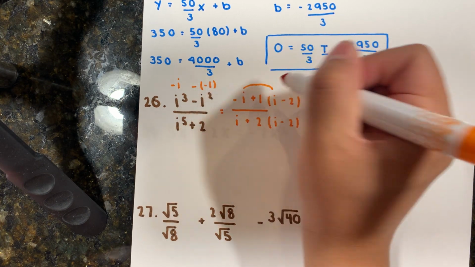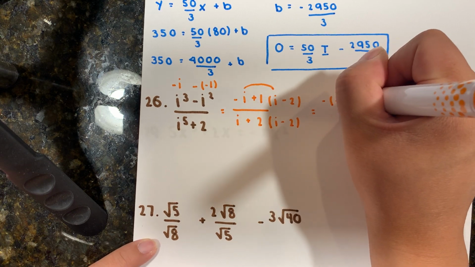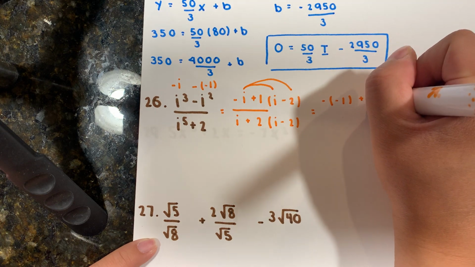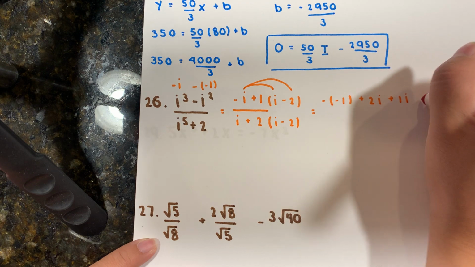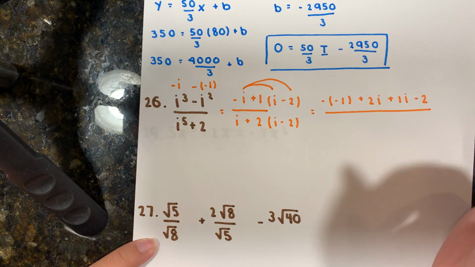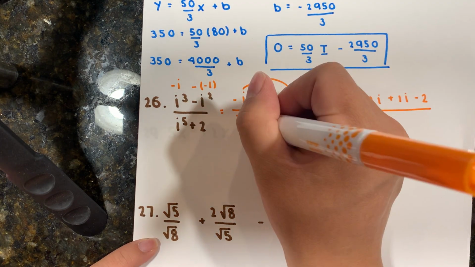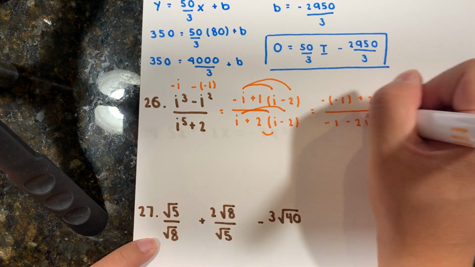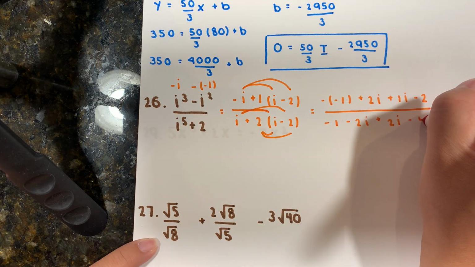So negative i times i would be negative i squared, so it would be negative negative 1. Negative i times negative 2 would be positive 2i, plus 1i and then minus 2, over i times i is i squared, so that's negative 1. And then minus 2i, then plus 2i, and then minus 4.